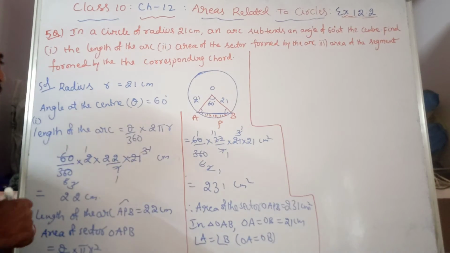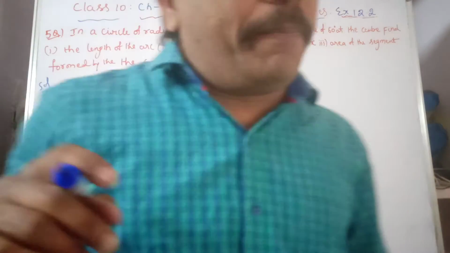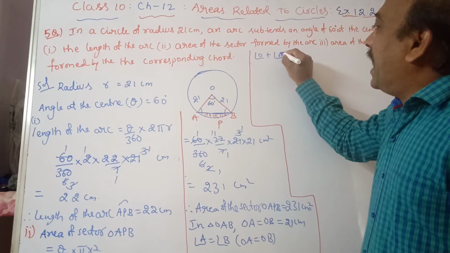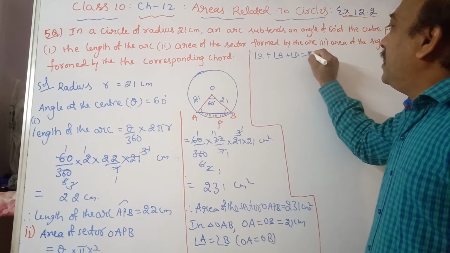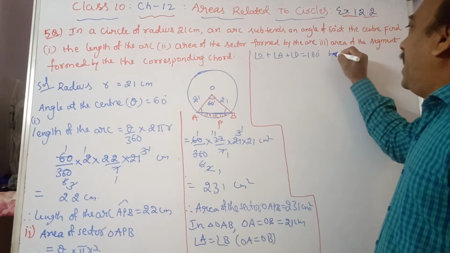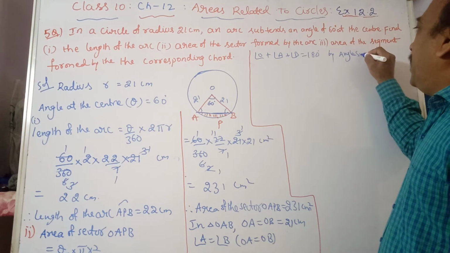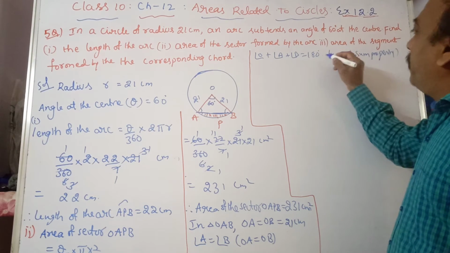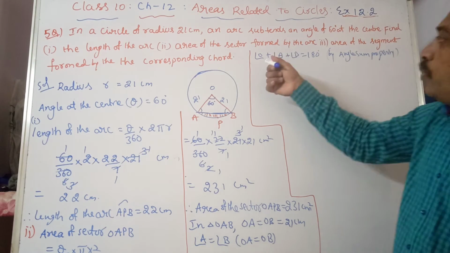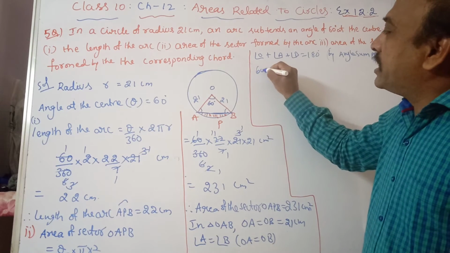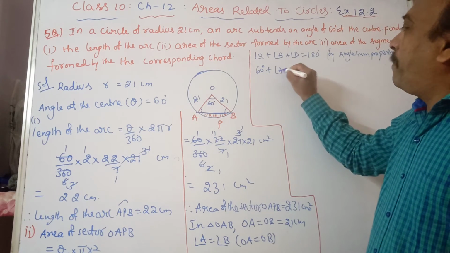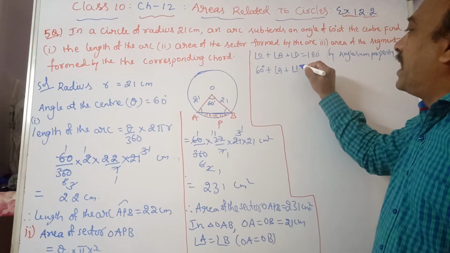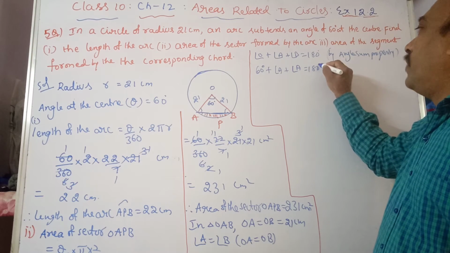By angle sum property, angle O plus angle A plus angle B is equal to 180 degrees. Angle O is 60 degrees, so 60 degrees plus angle A plus angle A, as those two angles are equal, is equal to 180.